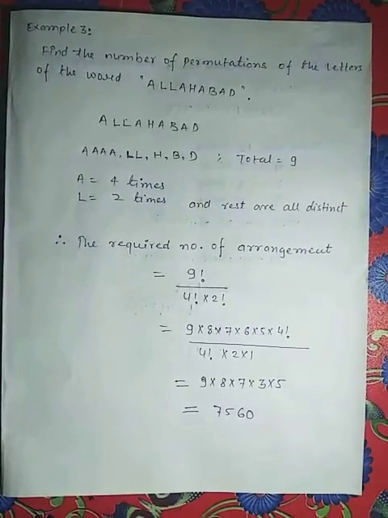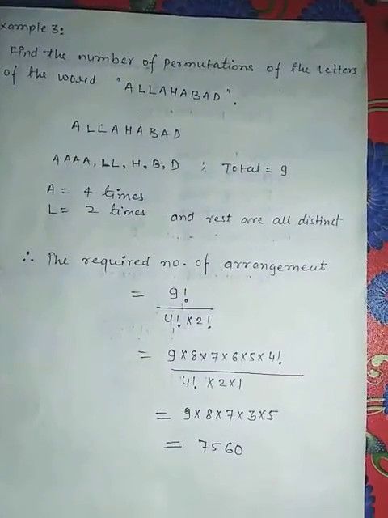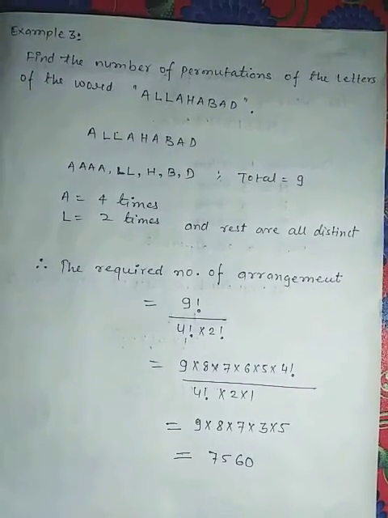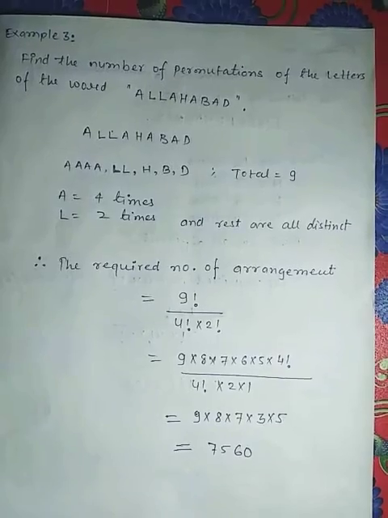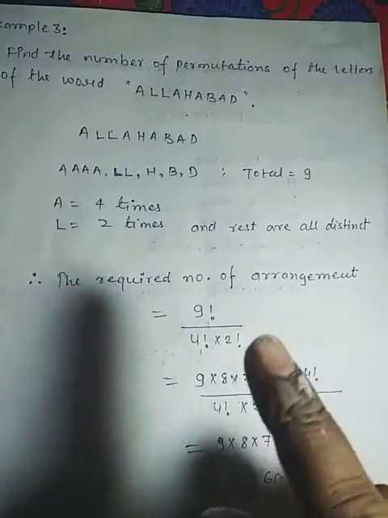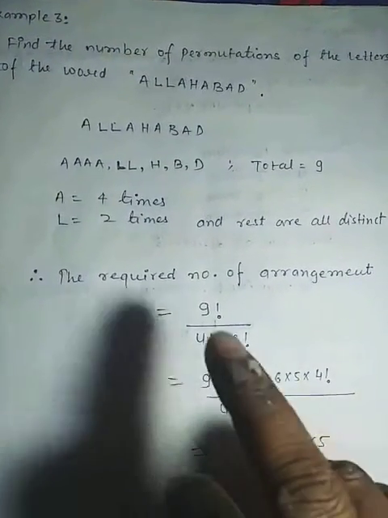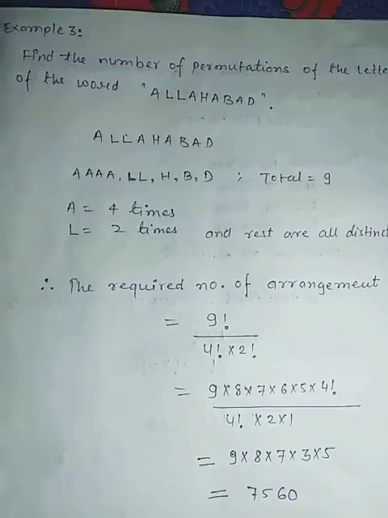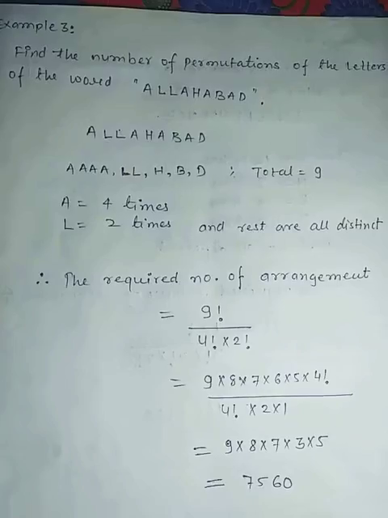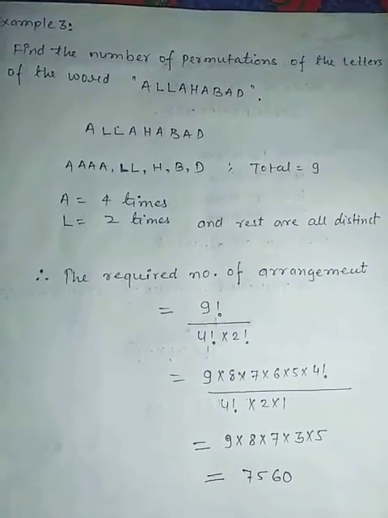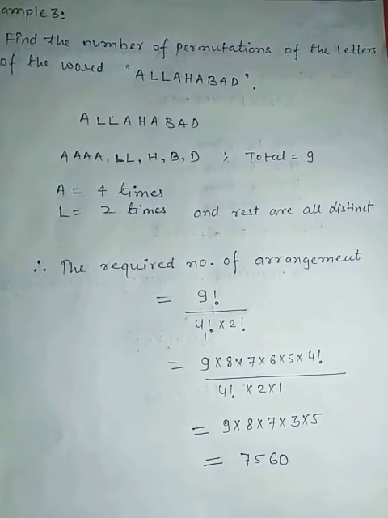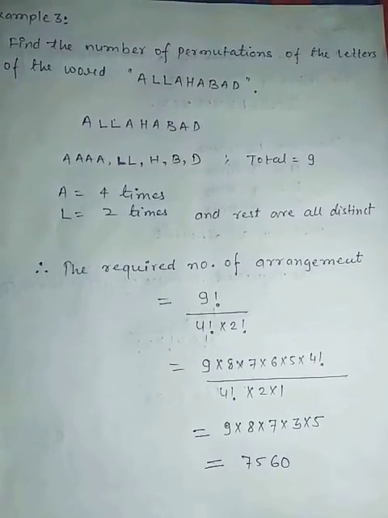Example 3, find the number of permutations of the letters of the word in the given words. In the given words, A appears 4 times, L appears 2 times, and rest of the letters are distinct.